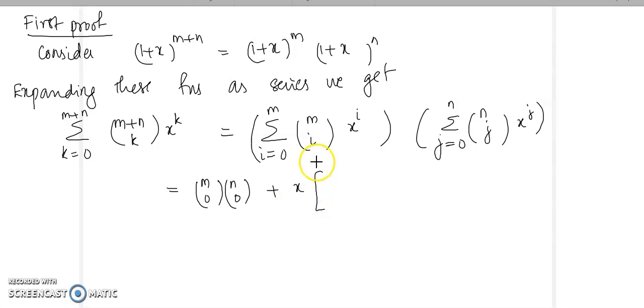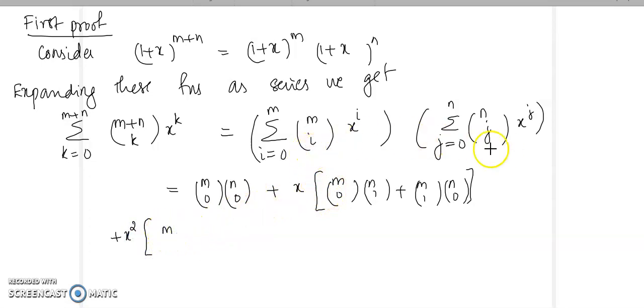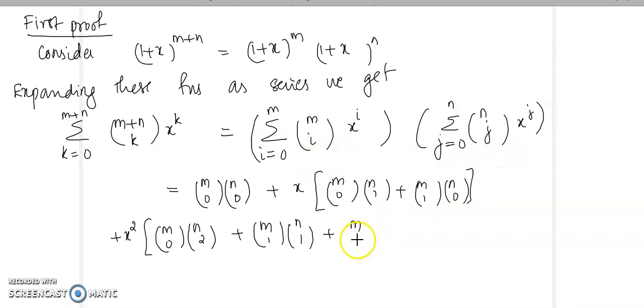Now let us look at the coefficient of x. To get the coefficient of x, take the constant from one and the coefficient of x from the other: mC0 nC1, then take x from the first and constant from the second: mC1 nC0. For the coefficient of x square: mC0 nC2, then x's coefficient from both, mC1 nC1, plus x square's coefficient from the first and constant from the second, mC2 nC0. So that is the coefficient of x square. The last coefficient, of x^(m+n), is mCm nCn.